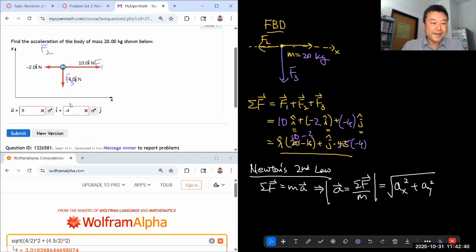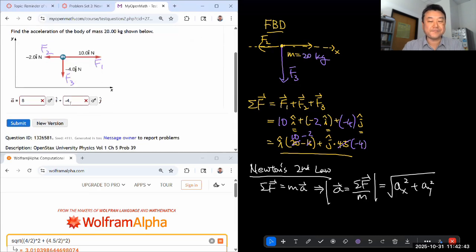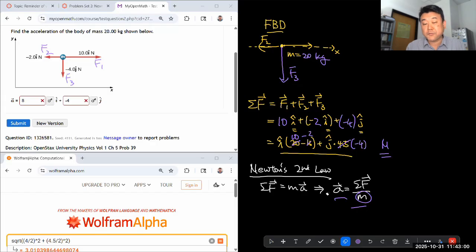You have to make sure you are answering in acceleration. These are the force components, they come in units of newtons. So you have to divide by mass to get the acceleration. The part you don't need to do is taking the magnitude, because they are asking us for the components.